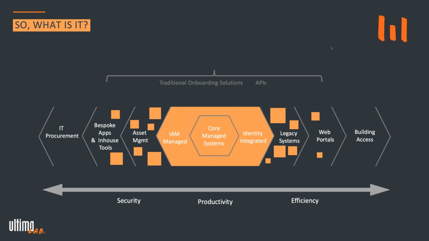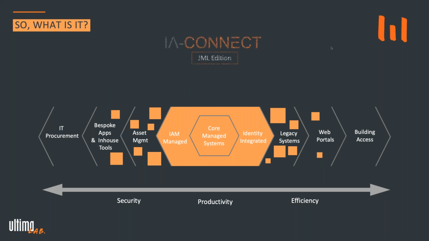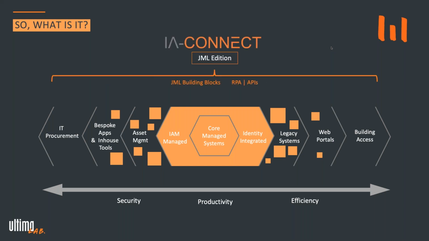if you're not able to automate the end-to-end process. What we've created with IConnect JML Edition is a blend of RPA and the ability to use APIs, and layering on top of that what we call JML building blocks to build out these processes easily, but more importantly, to manage the processes going forward.